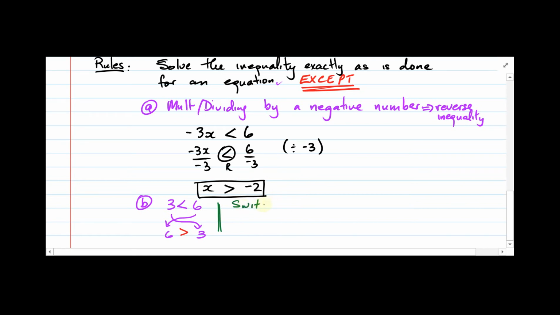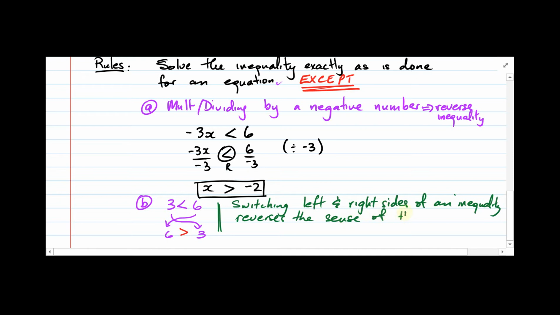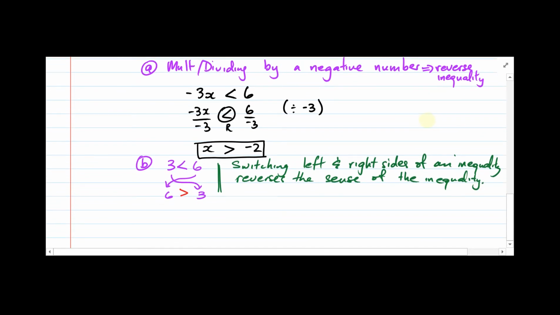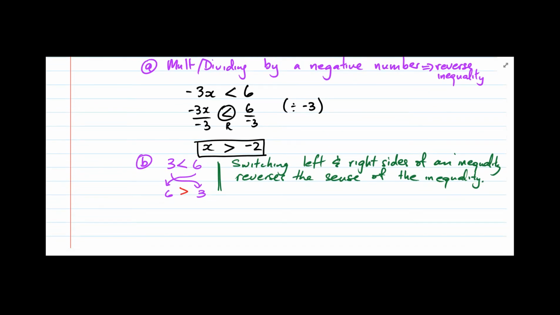So switching left and right sides of an inequality reverses the sense of the inequality. All right, so let's even look at what would happen in an example in this case.